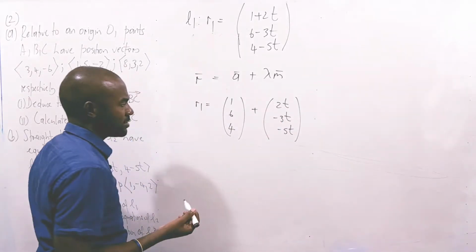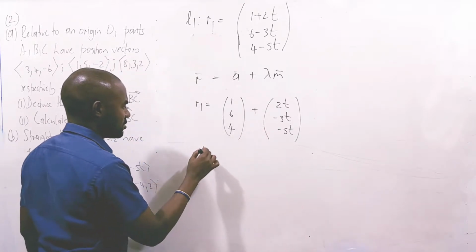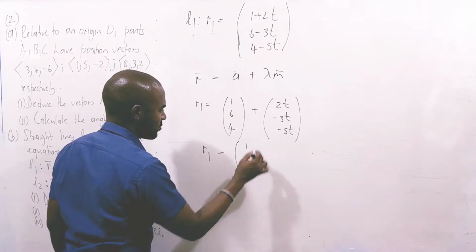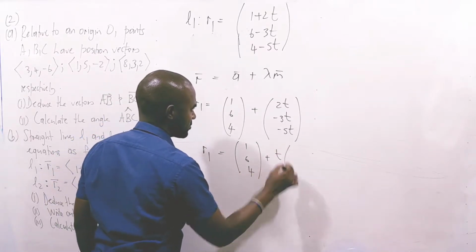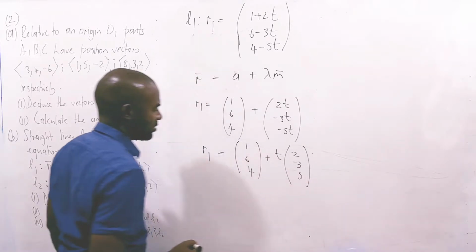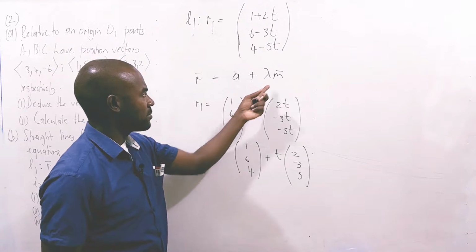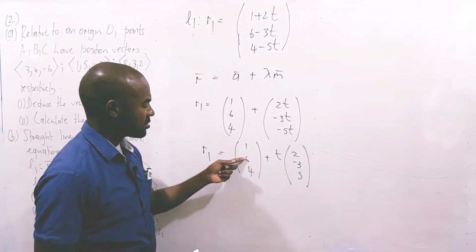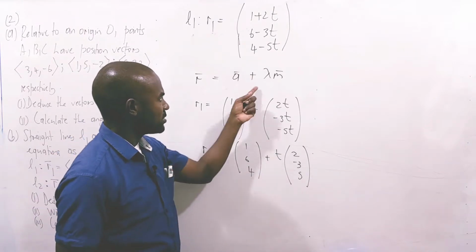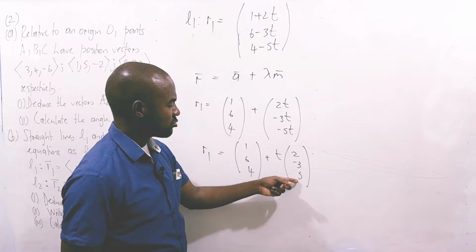But of course the parameter is t, and if we take the t outside the bracket, then R1 is equal to (1, 6, 4) plus t(2, -3, -5). Then if we compare to the standard vector equation R is equal to A plus lambda m, we clearly see that (1, 6, 4) represents a point on the line, t is the parameter indicated by lambda, and the direction vector is (2, -3, -5).